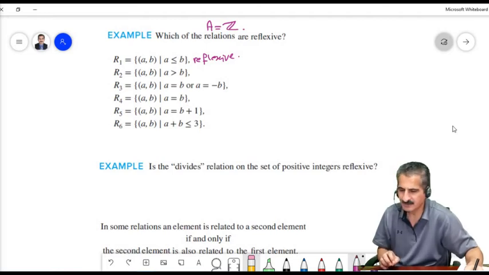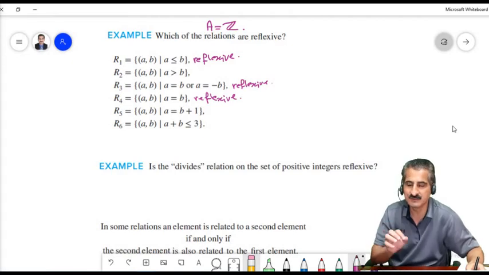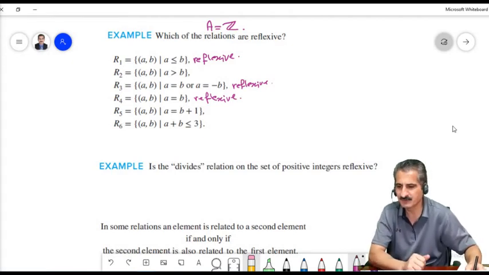So all of you agree that R1, R3, and R4 are reflexive. Yes. Every element is related to itself. Every integer is related to itself according to these relations. And the others are not reflexive.